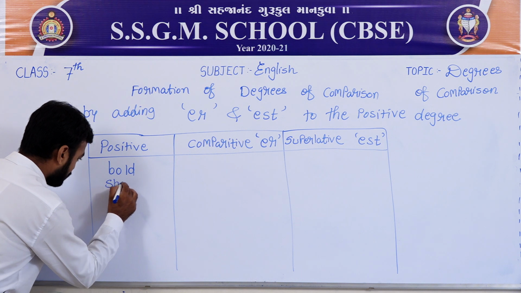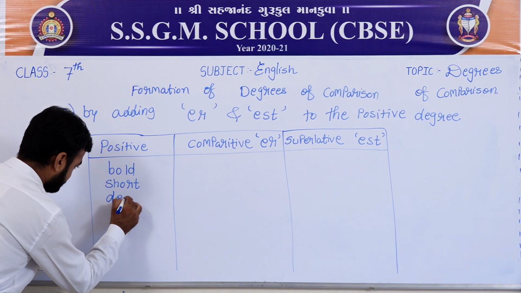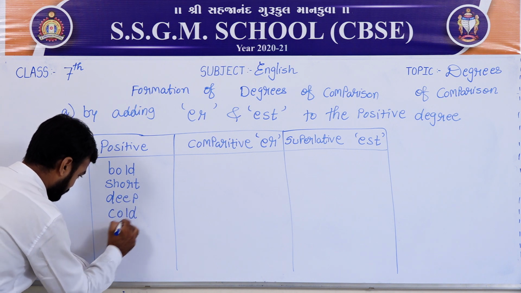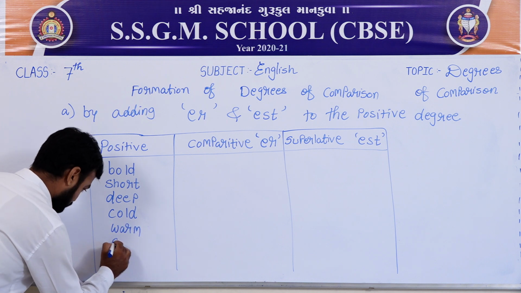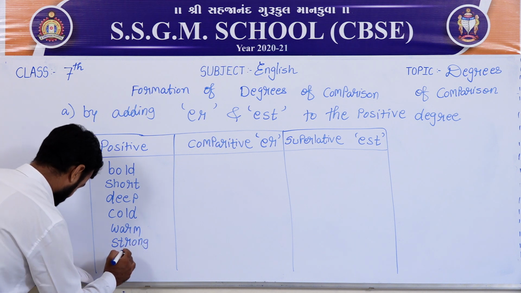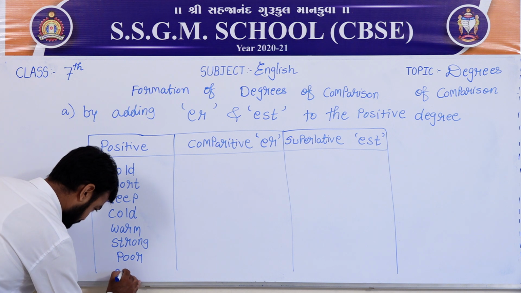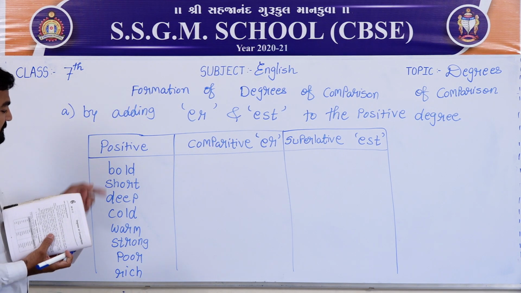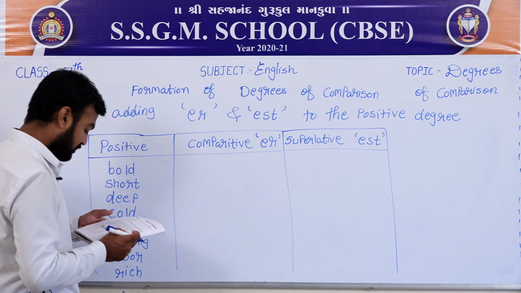Number 2, short. Number 3, deep. Cold, warm, strong, poor, rich. Okay. So now I am explaining this one, rest you have to do it by yourself at your home.